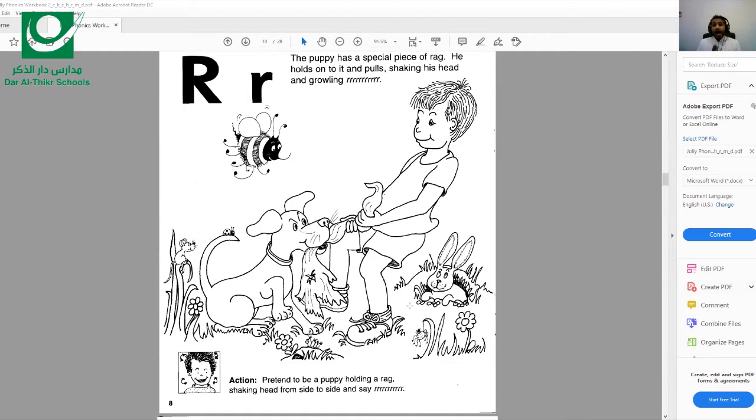Now, I have some pictures I would like to share with you, and these pictures begin with the R sound. Would you like to see? Okay, I will show you.